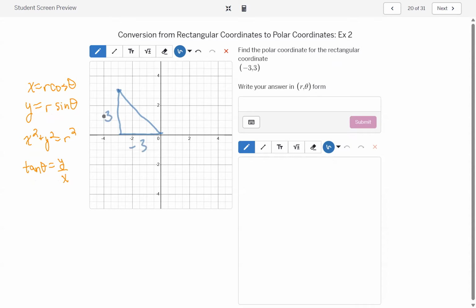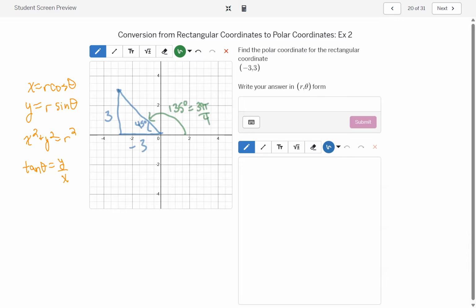So I can just use my knowledge of this being a 45, 45, 90, this is 45 degrees. And then the angle to get there from 0 would be 135 degrees, which is 3 pi over 4.